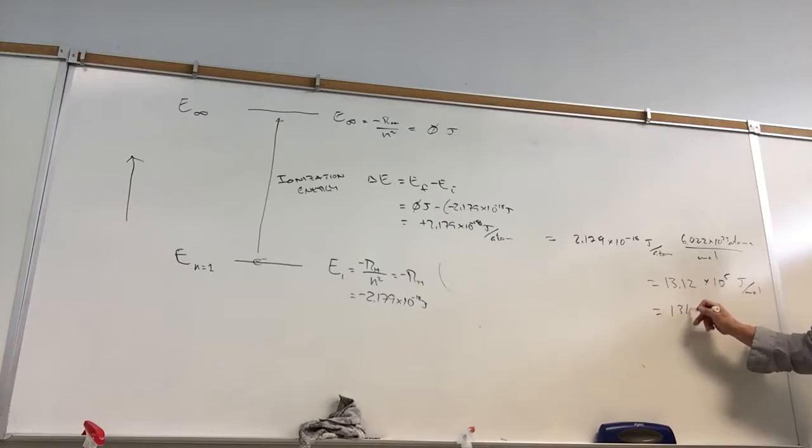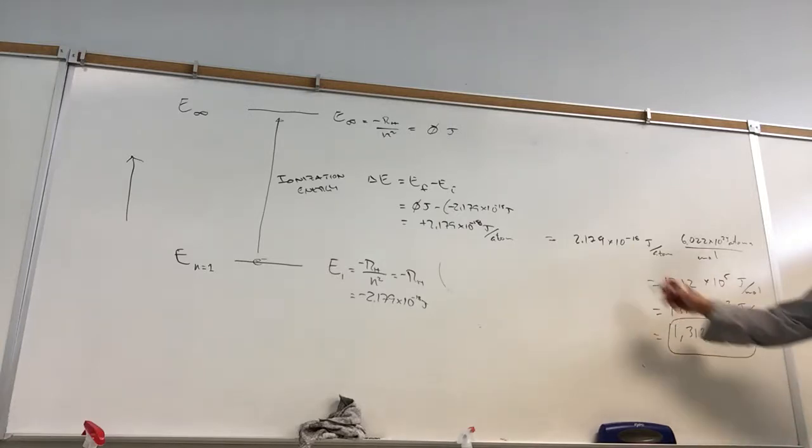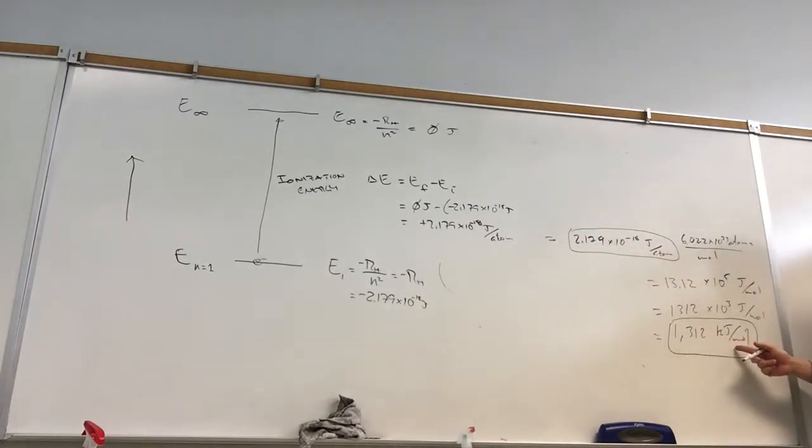So 1312 joules per mole. So this gives us 1,312 kilojoules per mole. And so we have two energies that we're dealing with here, the energy per atom and the energy per mole here. This is important.